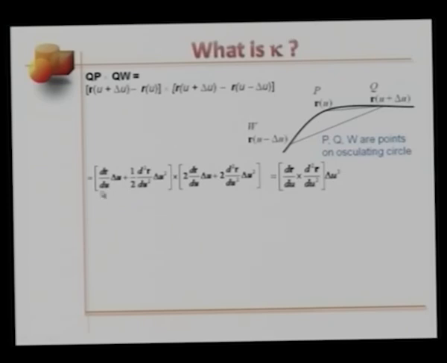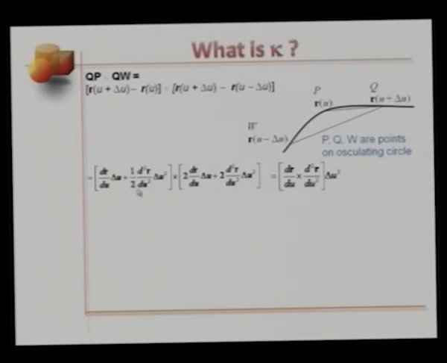Next, this term crossing with this term will have 2 times dr over du crossed with d2r over du squared times delta u cubed.